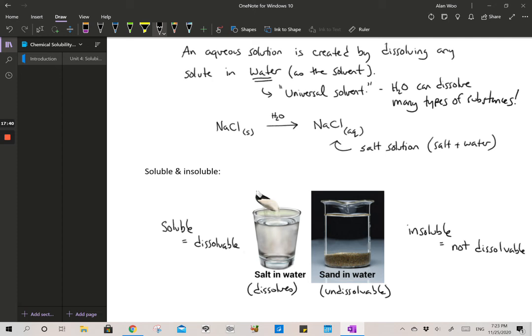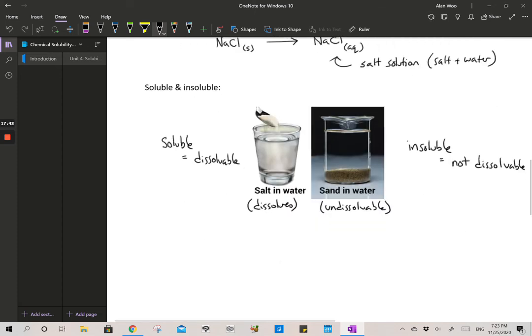And this could be used for any type of substance, whether it's a solid, liquid, or gas. Okay, so any combination of mixtures, if it's not dissolvable, we say it's insoluble. If you can dissolve it, we say it's soluble. Okay, so these words will come up again and quite often. So that's two different terms, or newer terms, I guess.